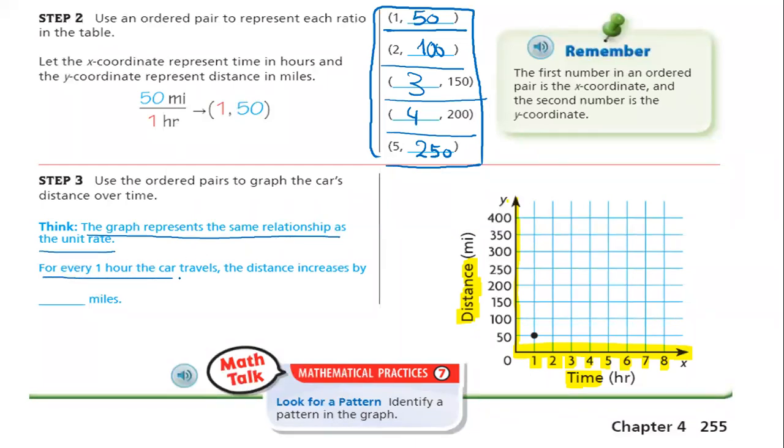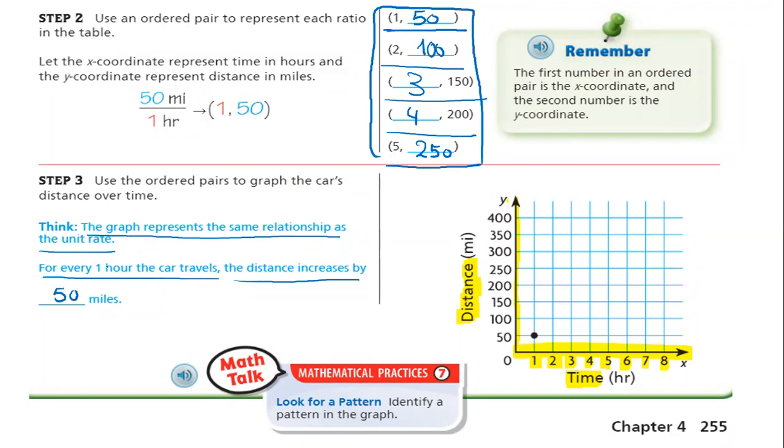For every 1 hour the car travels, the distance increases by how many miles? 50 miles.